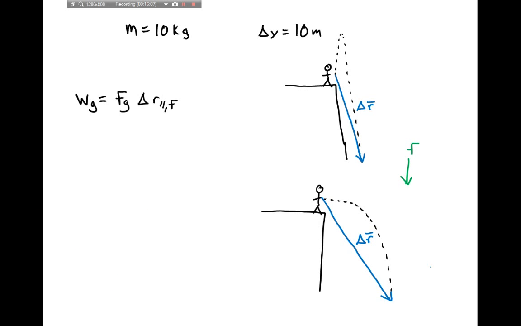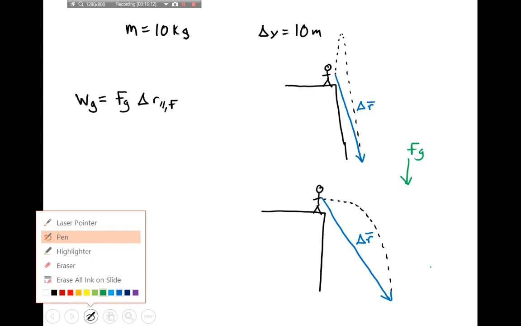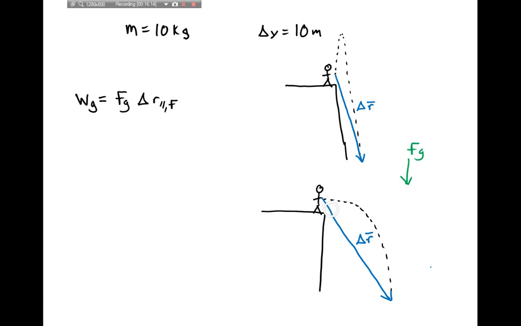The force due to gravity in both of these cases points down. So the component of the displacement that's parallel to this is the component that points down. So we have a component of the displacement that goes down and a component of the displacement that goes horizontally. That's the same thing for this one here. It's the component that's down, and technically there's no component horizontally if you throw the stone perfectly upwards.